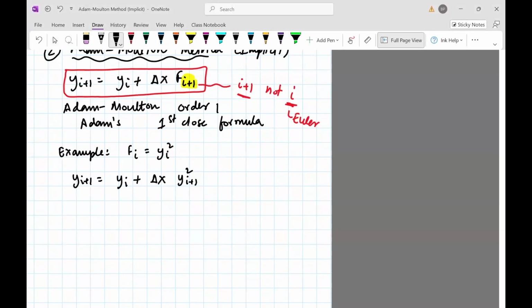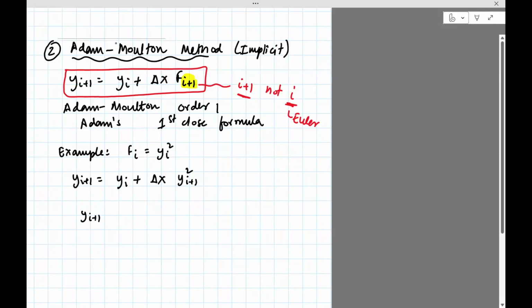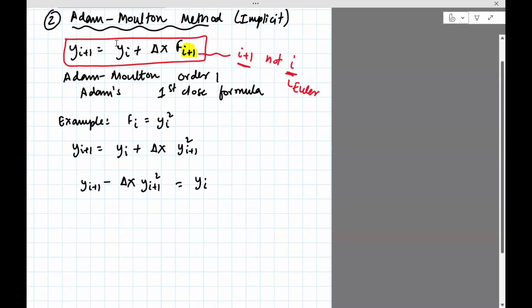You could move this y_{i+1} to the other side, and you'll get delta x y_{i+1} square minus y_{i+1} plus y_i equals 0. I just moved the y to the other side.